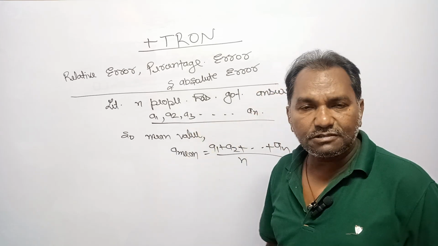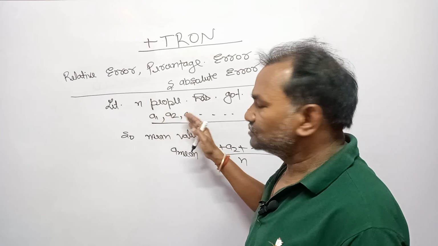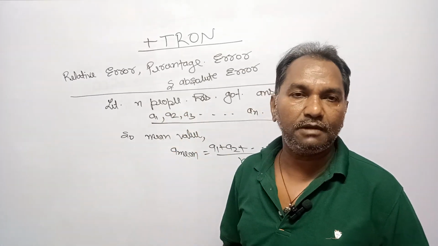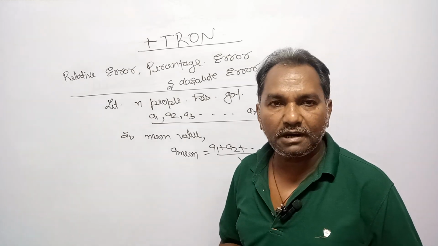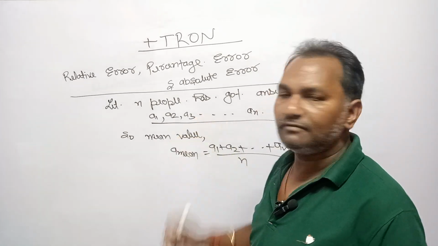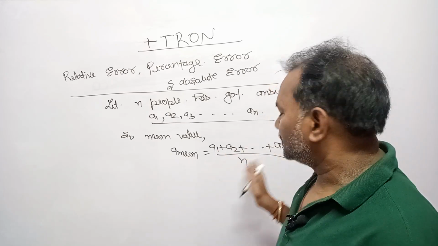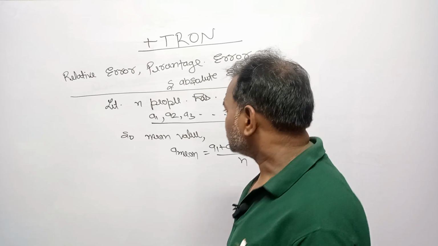To calibrate these values, to see how right they are, we need to find the experimental value, that means the mean value. Mean value is A1 plus A2 plus A3 up to An, divided by n.